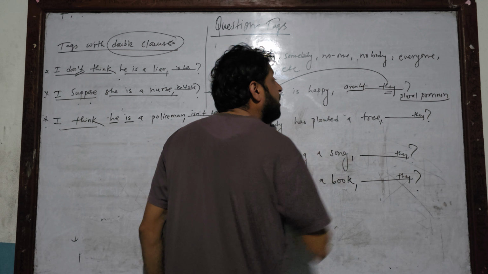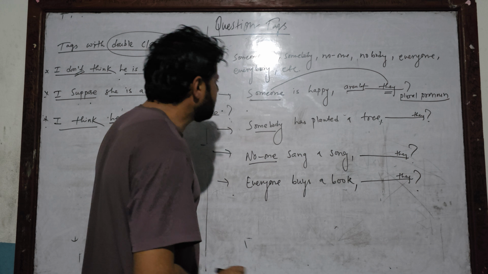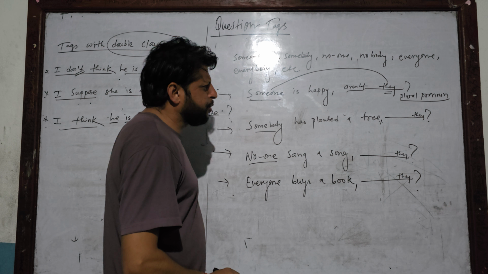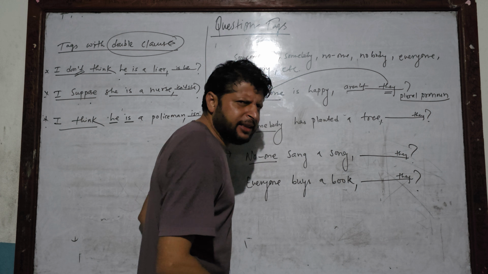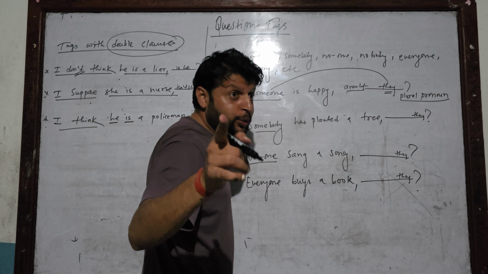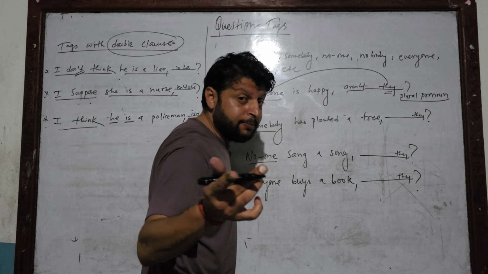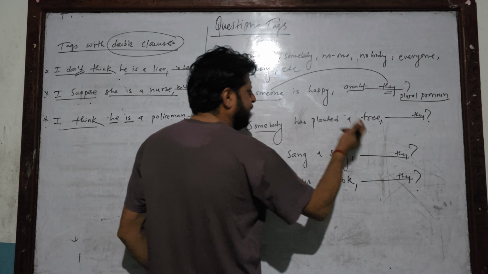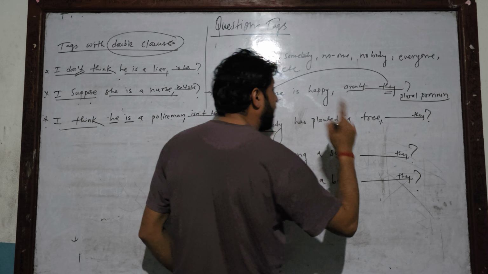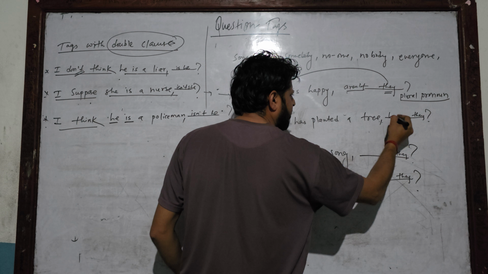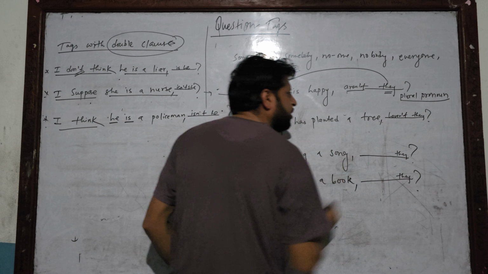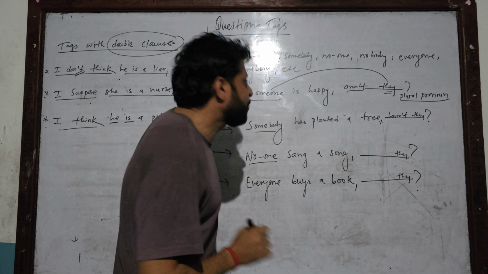Somebody has planted a tree. Can we write hasn't they? Or what should we write? Tell me. We don't write hasn't they. Has is a singular verb. So instead of that, what do we write here? Haven't they? Haven't they? Right.